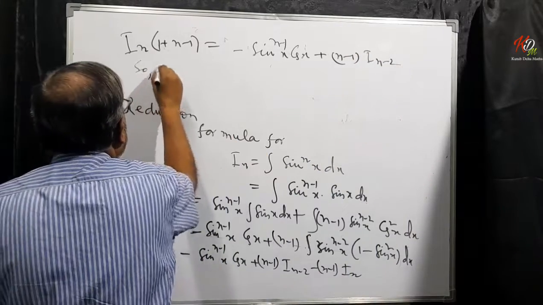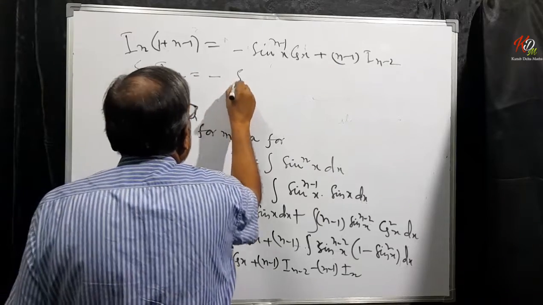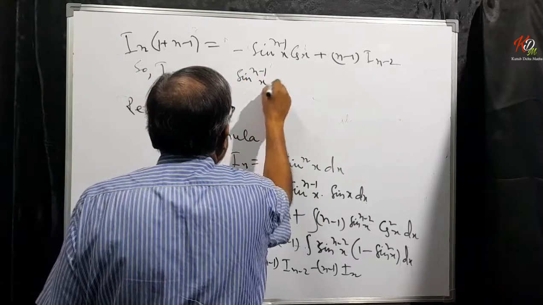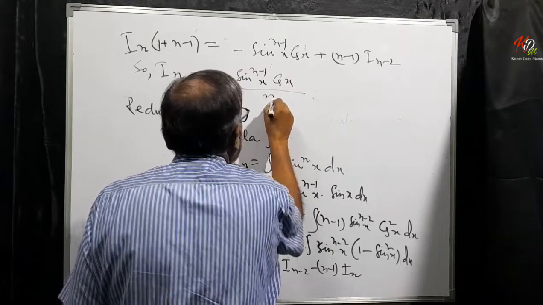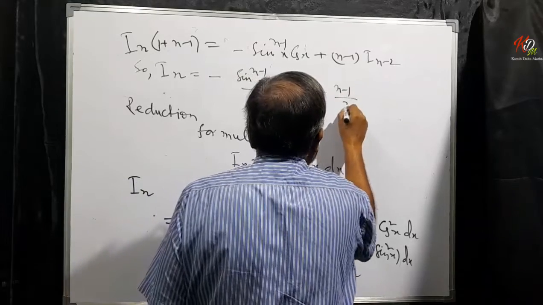So I_n equals minus sin to the power n minus 1 x cos x by n plus n minus 1 by n I_n minus 2.